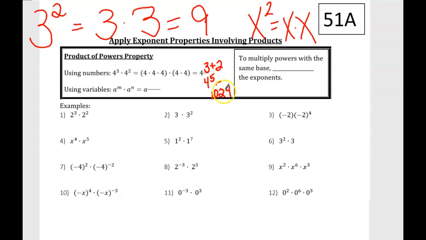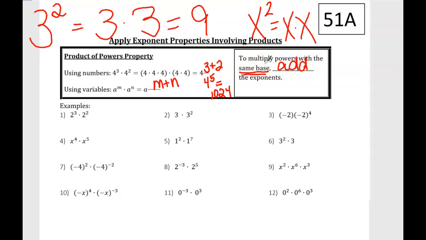You can use your calculator to say 4 to the 5th power. If you had variables here, this would be a to the m plus n power. You would take the two exponents and add them together. So to multiply powers with the same base, you simply add the exponents. Again, it's important that they have the same base.